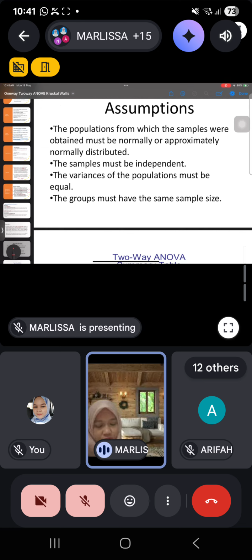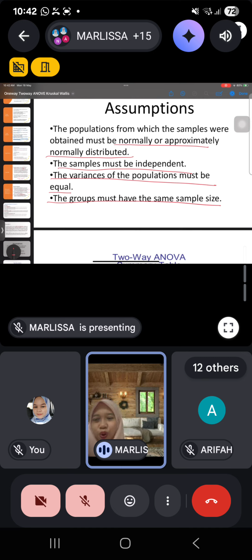Okay, let's look at the assumptions. The population from which a sample was obtained must be approximately normally distributed. As usual, you need to have normally distributed data. Samples must be independent, like I said before, independence of observation. Variance of the population must be equal, same as one-way ANOVA, homogeneity of variance, and the groups must have the same sample size. You cannot use, for example, 3 people in the first group, 20 in the second group, and 40 in the third group.